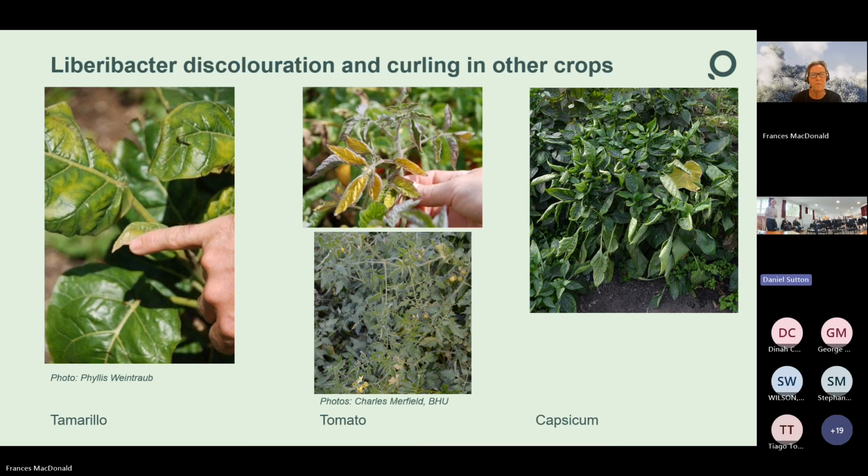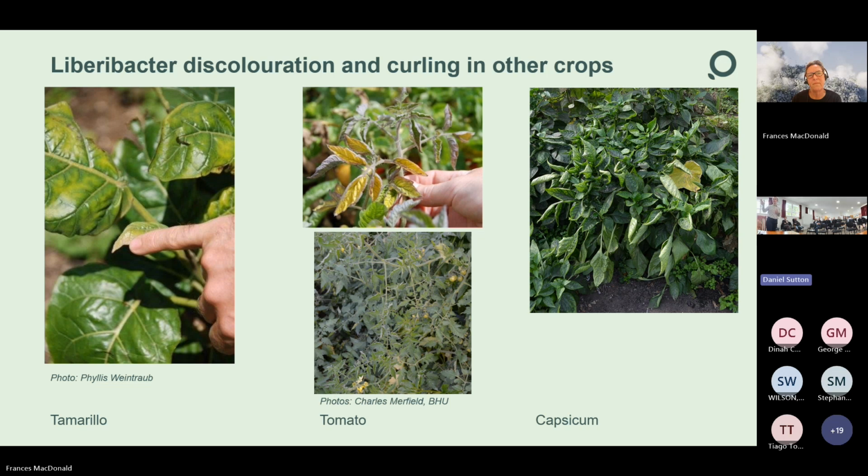So these are the symptoms in other crops. The people here have been given a handout, but it looks relatively similar. There's lots of cupping. I think Tamarillo looks a bit different to the other crops, but I've never seen an infected Tamarillo tree in person, so I can't comment on that too much.